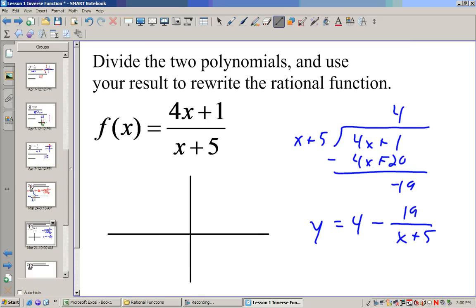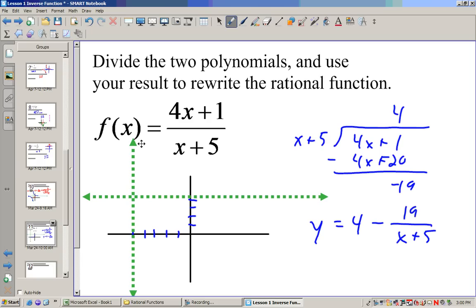So if I drew this out, we'd go up 4, 1, 2, 3, 4. Then we move to the left 5, 1, 2, 3, 4, 5. Let's draw some lines in here. Now, the negative, instead of going upper right, lower left, we'll flip that over this horizontal axis.